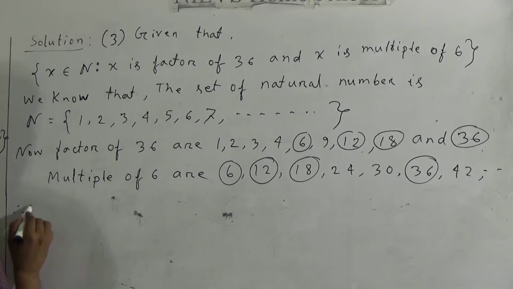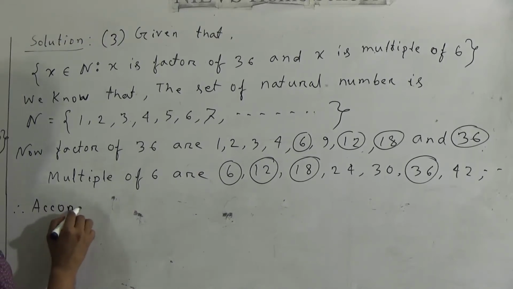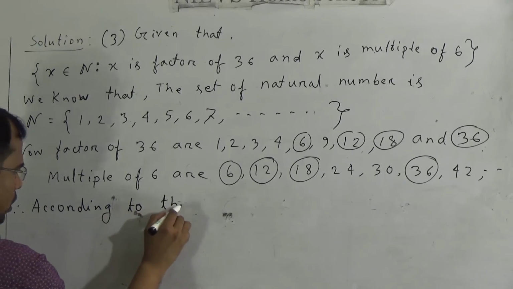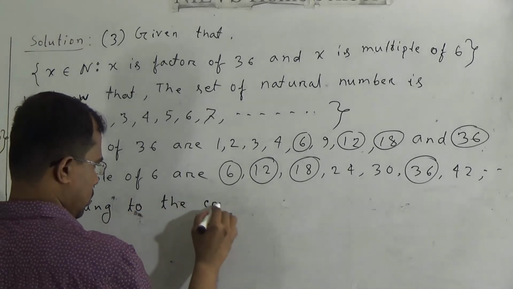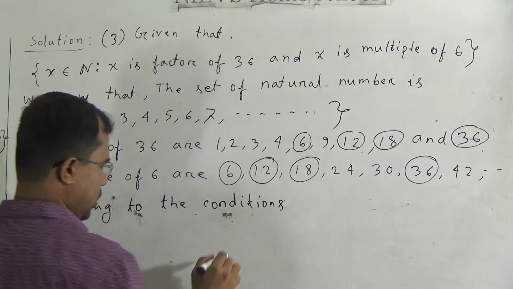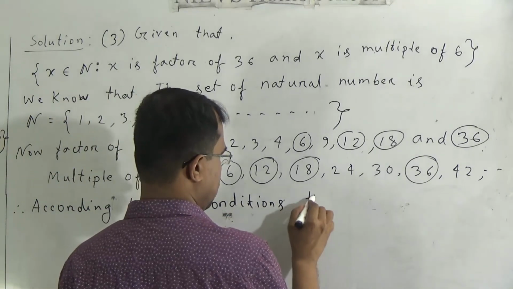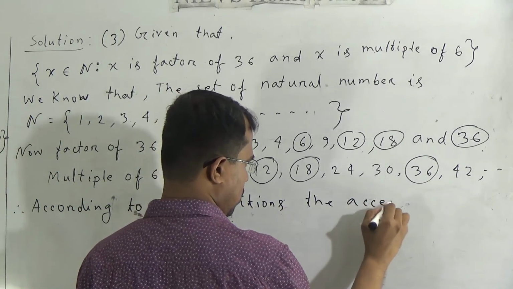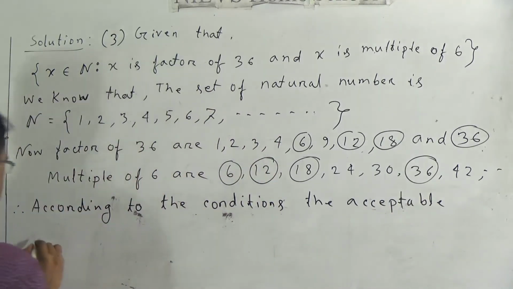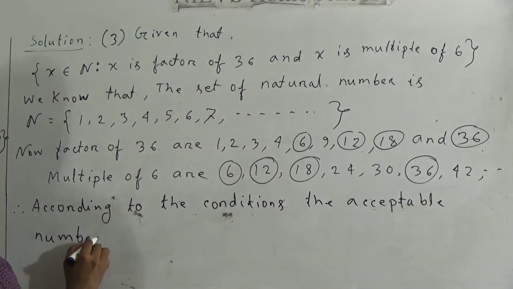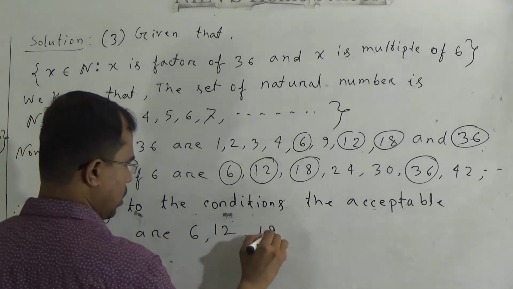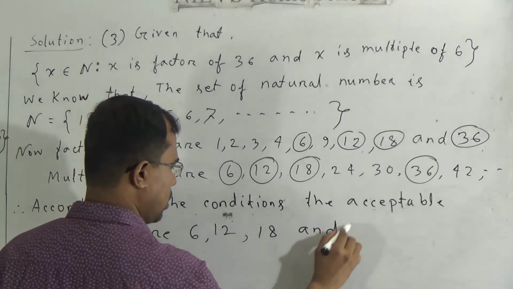Therefore we can write now, according to the conditions, the acceptable numbers are 6, 12, 18 and 36.